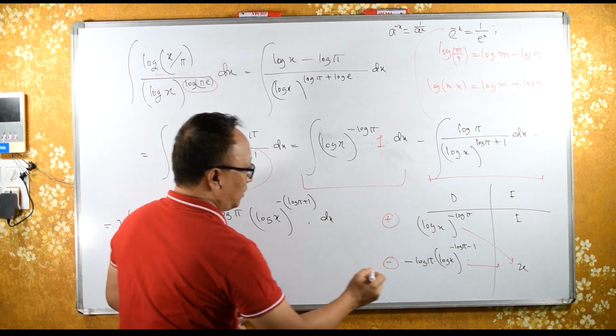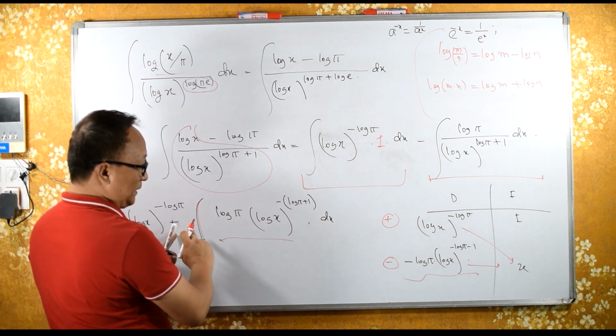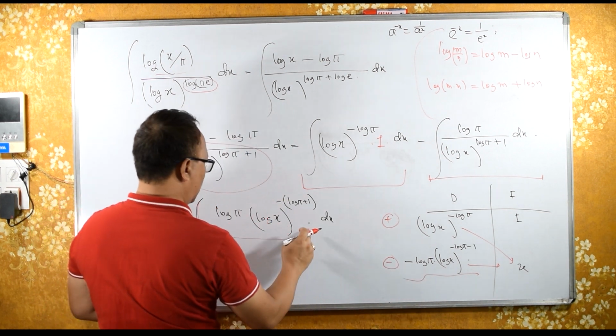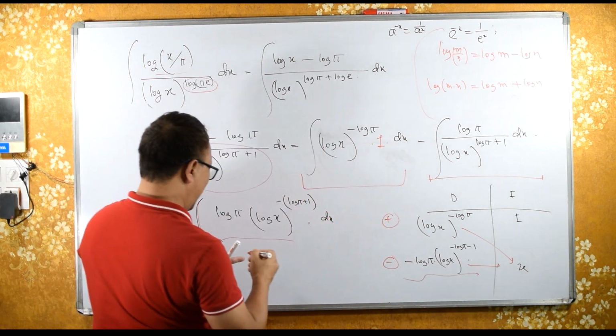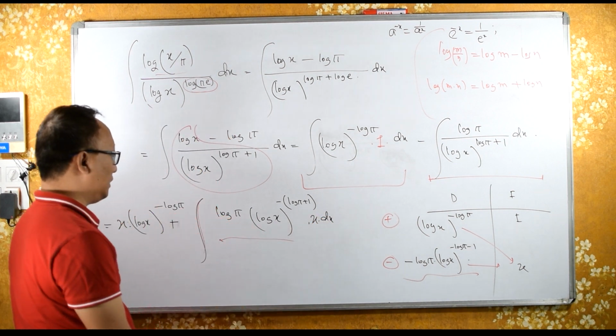What I am doing is, this whole part is over here, minus into minus plus, plus over here. What about this x? This x we need to write over here, into x dx, okay.